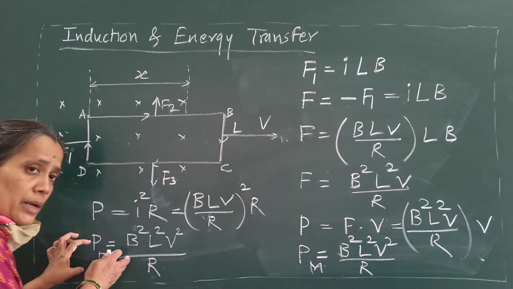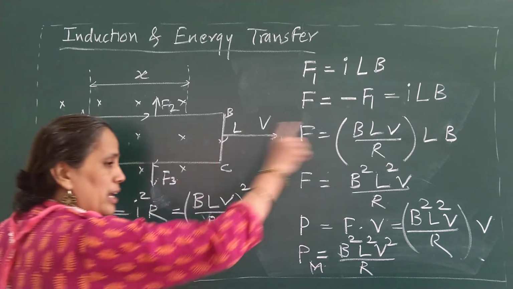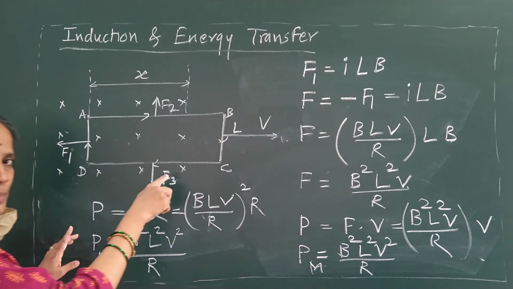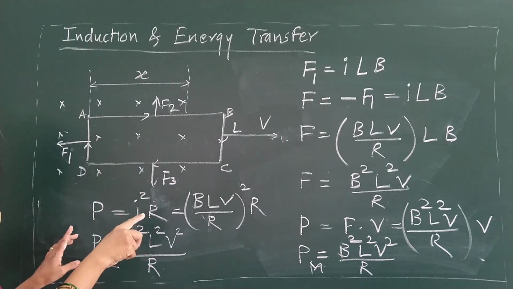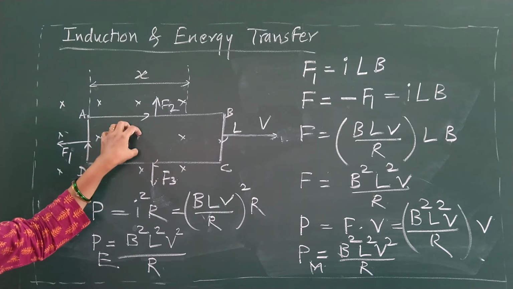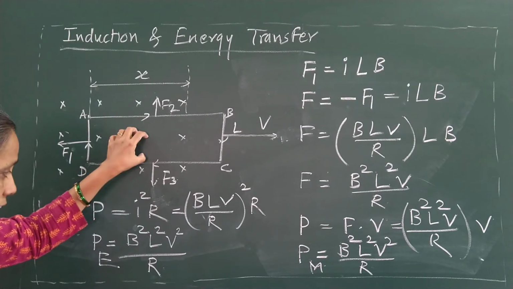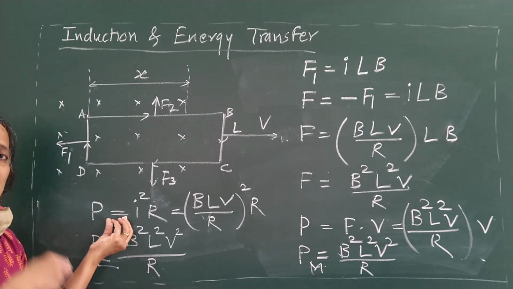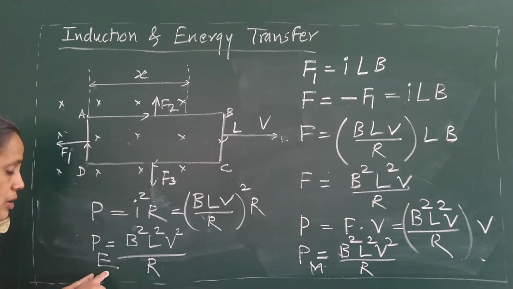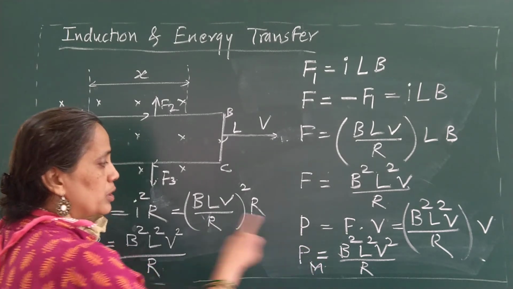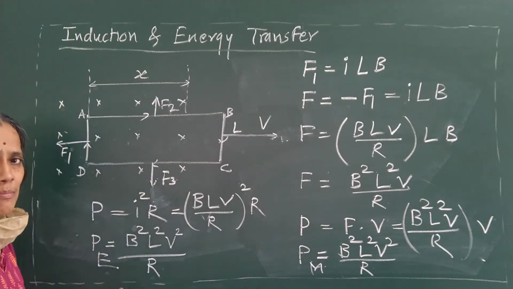And the electric power: when the coil is pulled through the magnetic field, due to the motion of the coil there is a change in magnetic flux. Due to the change in magnetic flux, induced current is produced, and that induced current generates the electric power inside the coil. And both the electric power and mechanical power magnitudes are the same.